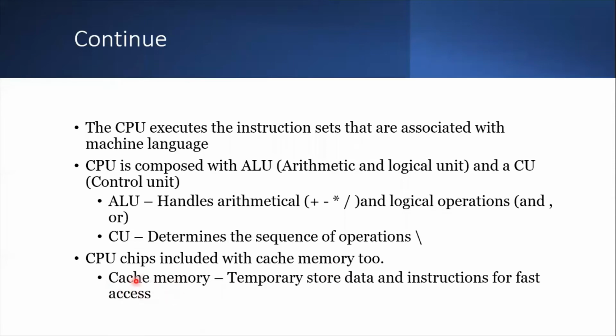The main purpose of this cache memory is to temporarily store the data and the instructions for fast access. We want very fast processing. Once the CU defines the order and how to execute it, how fast you have to execute, these kinds of things are done with this cache memory. We'll discuss this cache memory a little bit later.